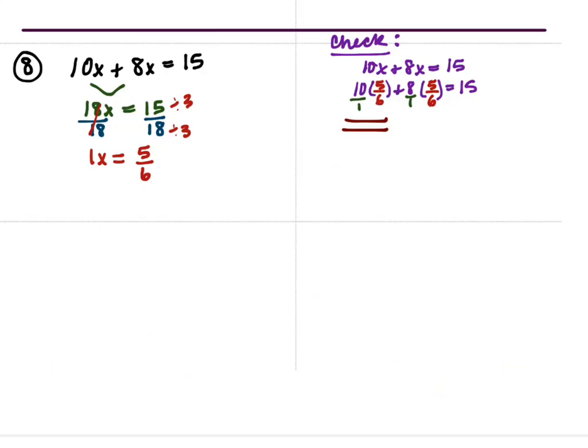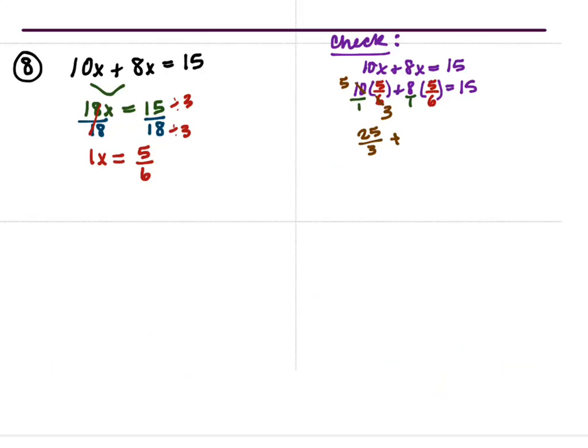And then I'm also going to do the same for the other side. It looks like the 8 and the 6 can also be reduced. So in this case, let's go ahead and show that reduction and multiply across. So I can cross multiply here, and there are 5 2's again in that 10 and 3 2's in the 6. So 5 times 5 is 25, and 1 times 3 is 3.